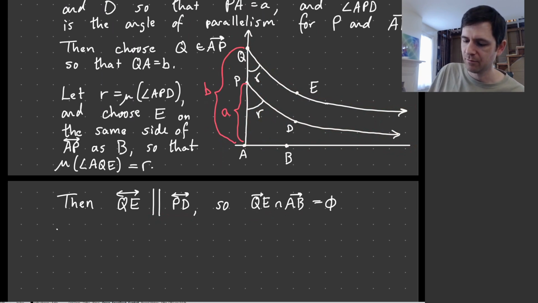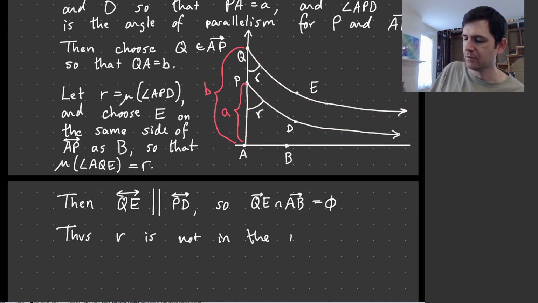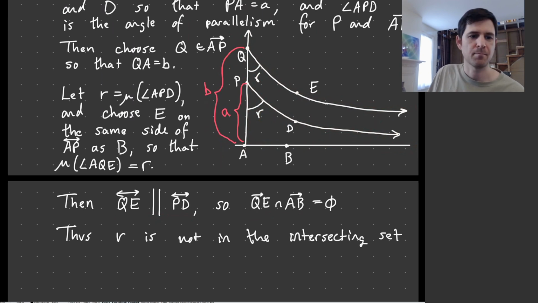So that means that R is not in the intersecting set for Q and AB.